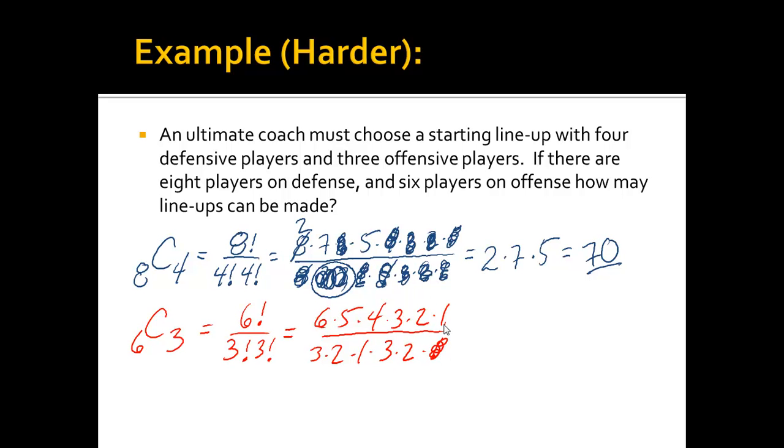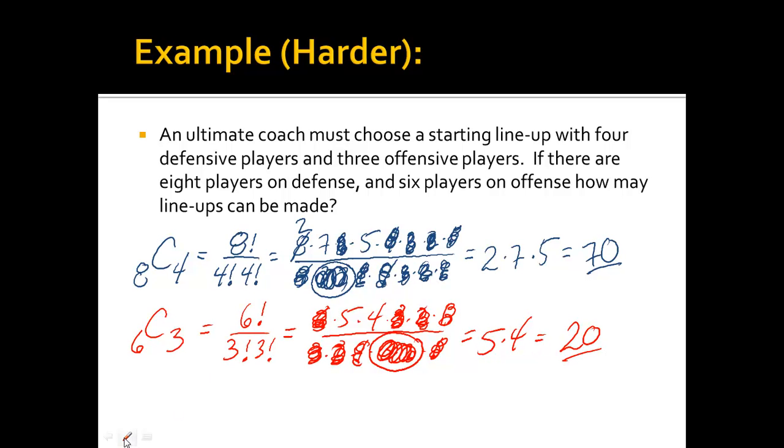I'll get rid of the ones. And I'm just going to go ahead and make life a little bit easier for me here. I see this 3 and 2 is going to make 6, so I can cancel out this 6. If I cancel the big numbers, it does make life easier. And now I'll get rid of this 3 and this 3, and this 2 and this 2. And so what I'm left with is 5 times 4, which is 20.